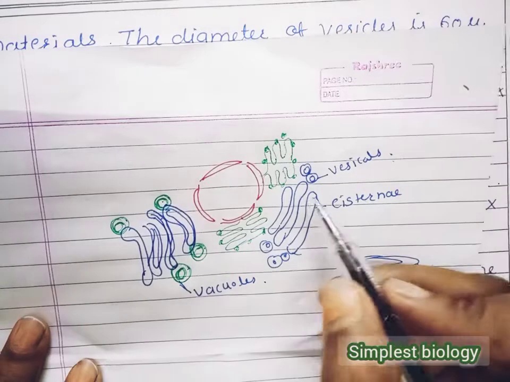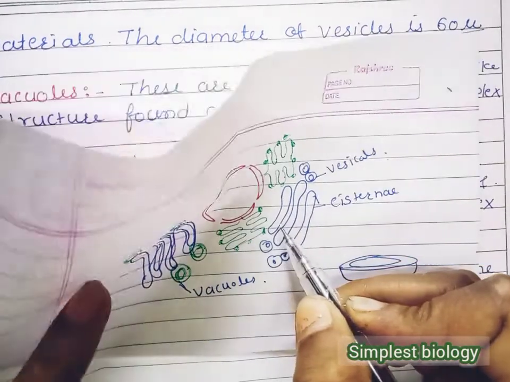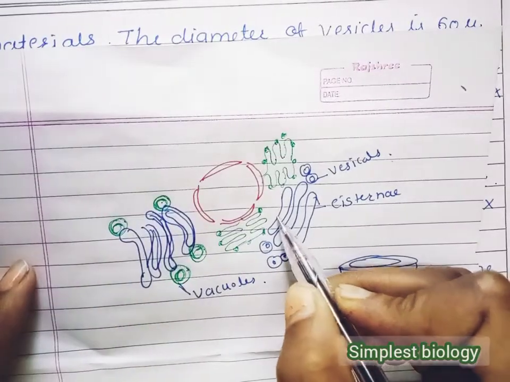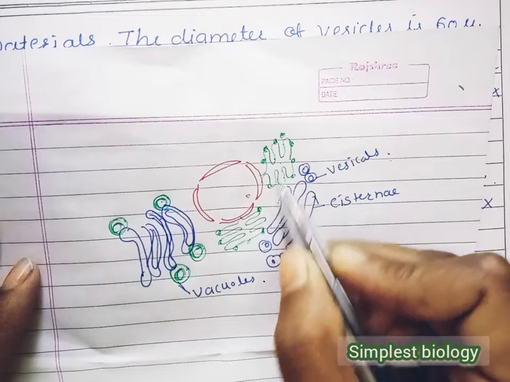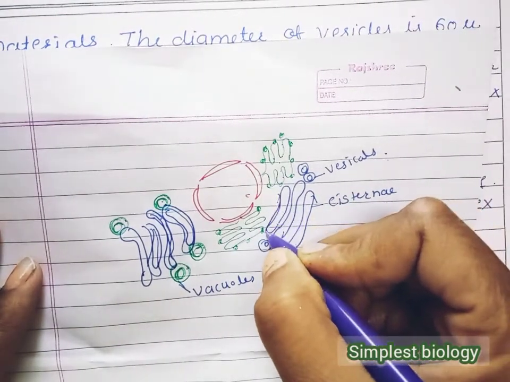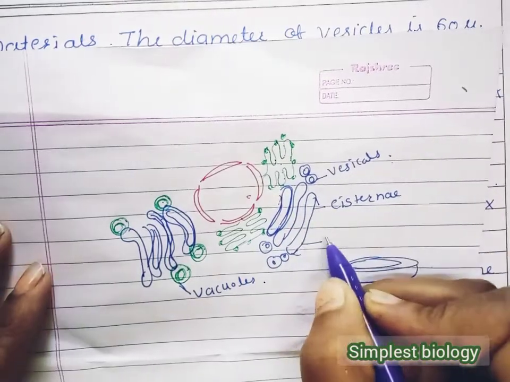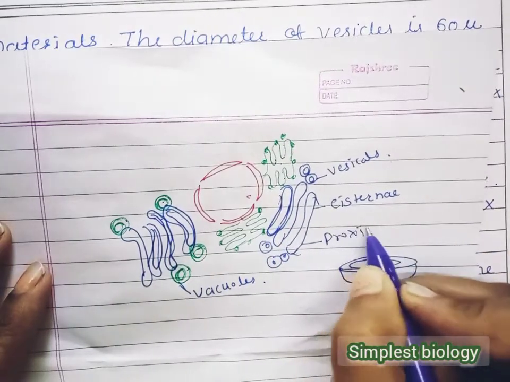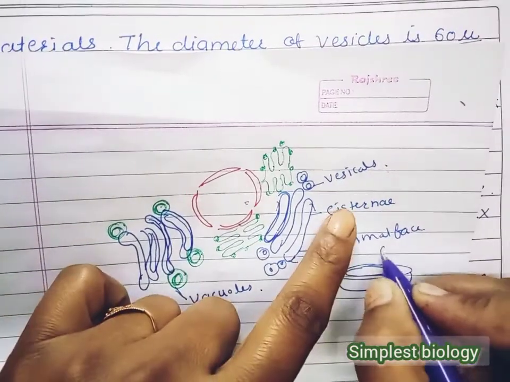Now we see in our diagram that this phase is called the forming phase because it is towards the nuclear membrane and the endoplasmic reticulum.